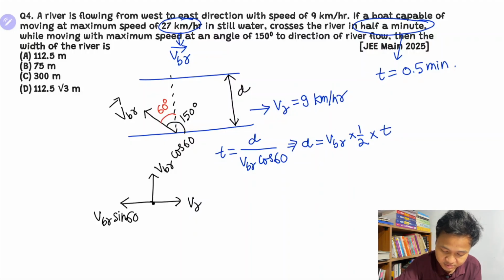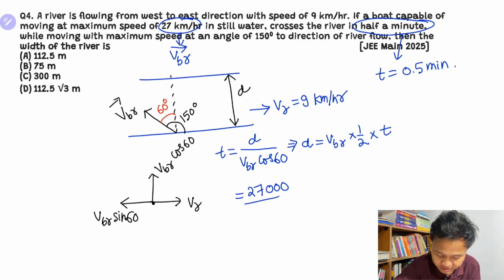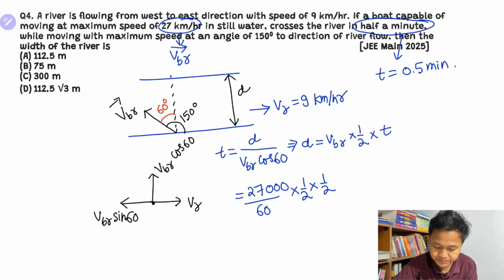Now put the values. VBR is 27 km per hour. Answers are given in meters, so I have to write in meters: 27 into 1000 per hour. Time is given in minutes, so I divide by 60, into 1 by 2 into time, which is 0.5, that is also 1 by 2.